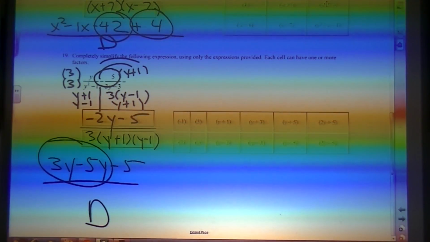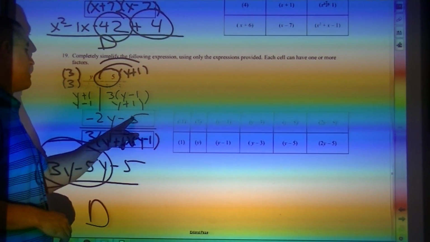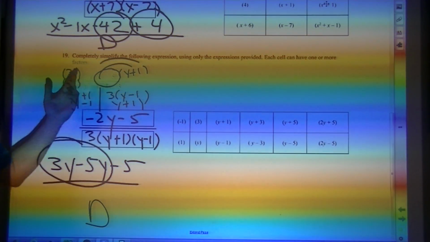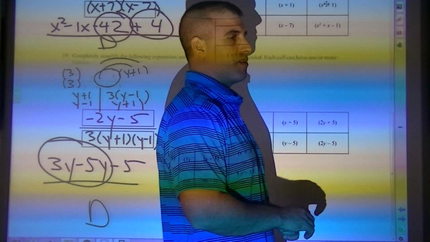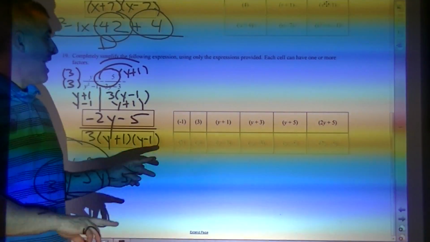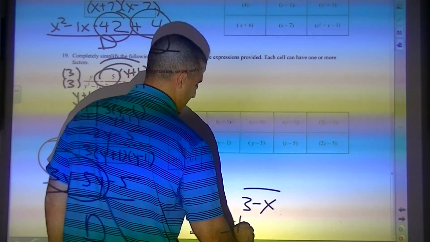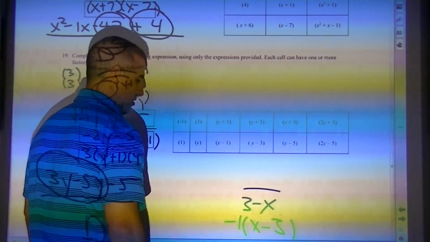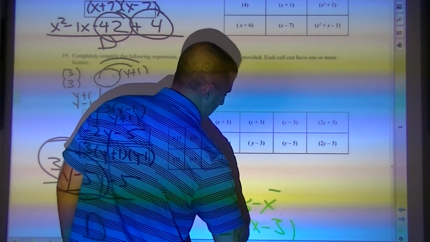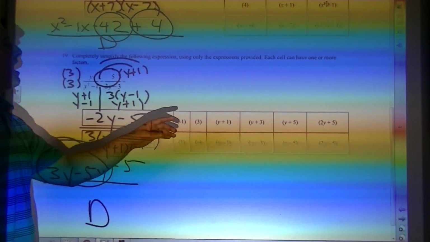So what you have to be careful of now, what they did here is they took out a negative 1 to get that answer. There's a couple techniques. You got to make sure that you can reduce everything. Anytime something's backwards, like 3 minus x, you got to take out a negative 1 and switch it. Make sure you understand the difference between multiplication, addition, and subtraction.